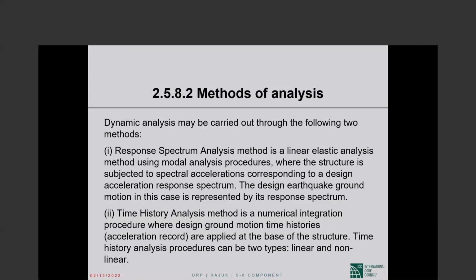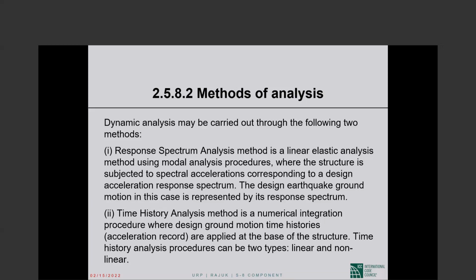Anyway, we analyze the different modes like single degree of freedom systems, and then combine the responses of the various modes to come up with the response of the structure. I know what I did is not the best, but it will become clearer as I take you through the procedure itself.